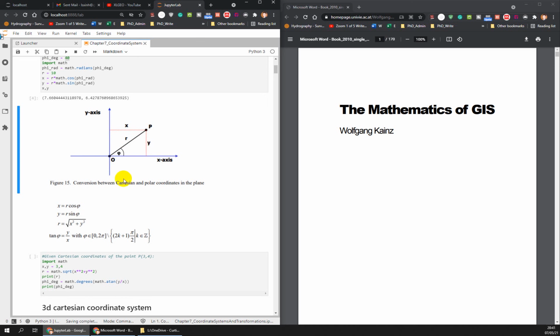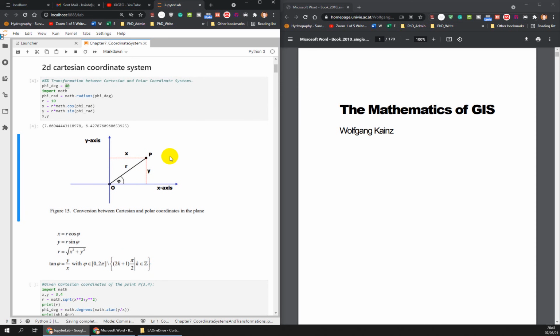So basically we are using trigonometry for a right triangle here. We have phi as 40 degrees, and because phi is in degrees, we need to convert it into radians. To convert from degrees to radians, we need to import math, then use the function radians in math, and then we have 40 degrees in radians.